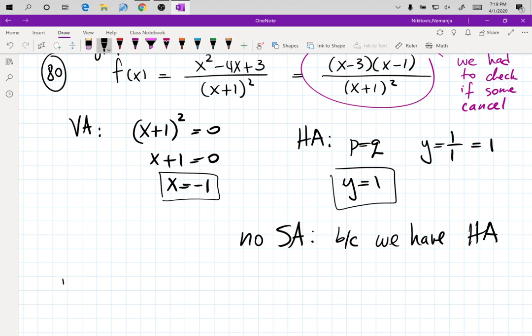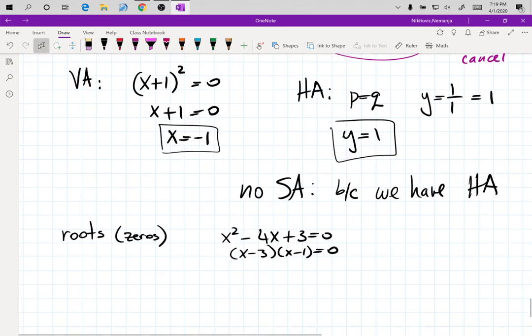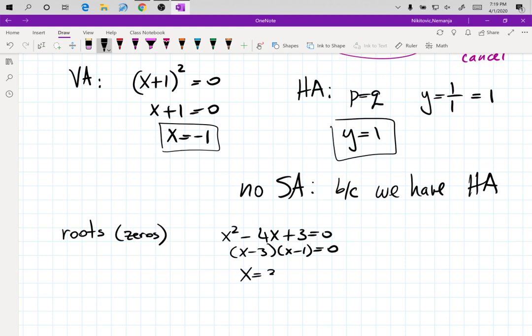And I'm also going to find the roots, known as zeros. And that's when I set x squared minus 4x plus 3 equal to 0. We factor that into x minus 3, x minus 1 equal to 0. And we get x equals 3 and x equals 1, both m1 roots. Right? Both m1 roots. Good.